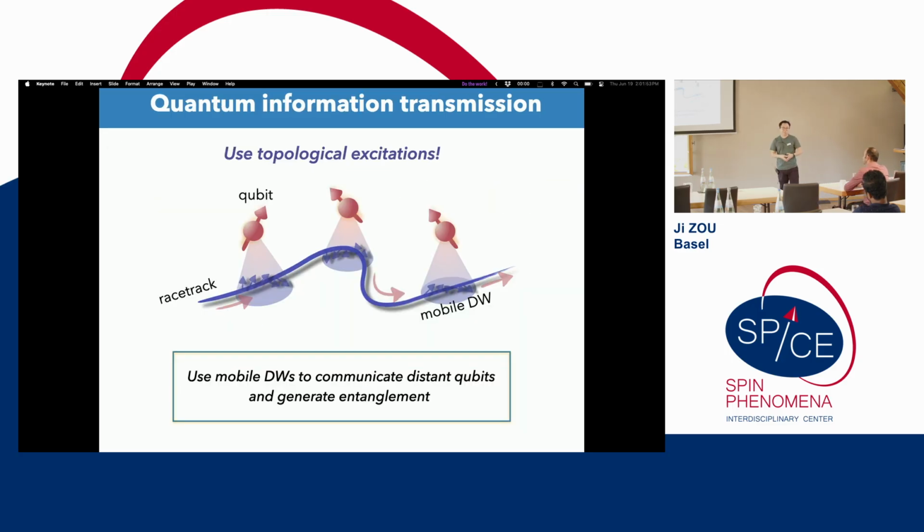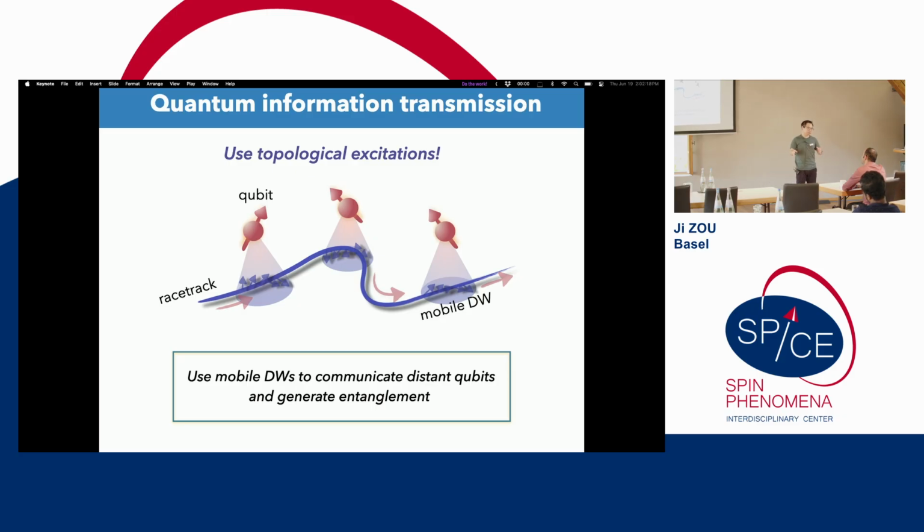Okay, so apart from Magnons, we also have topological textures in our system. So it's natural to think about how to use topological textures to communicate between distant points. The hybrid architecture we have in mind is a bunch of stationary qubits.